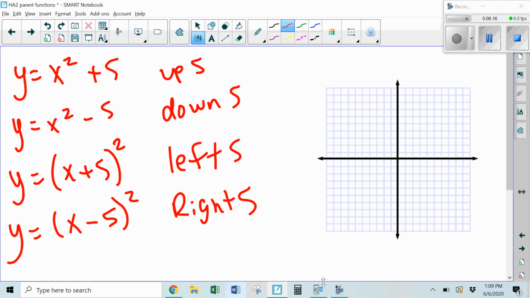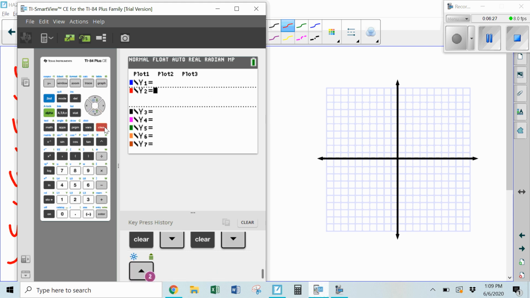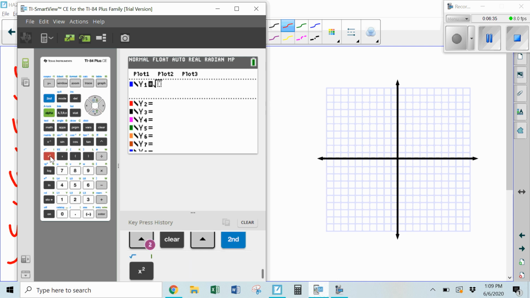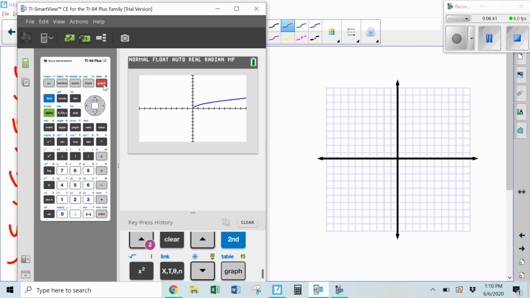Okay, go back to your graph, go to y equals and clear them all out, please. Okay, now in your y equals, I'd like you to type square root, so second root x. Graph. That's what our parent function is.